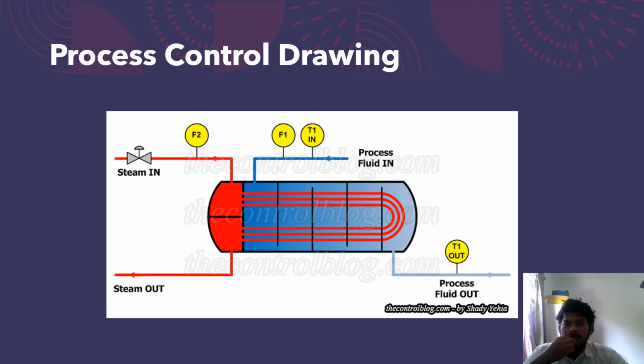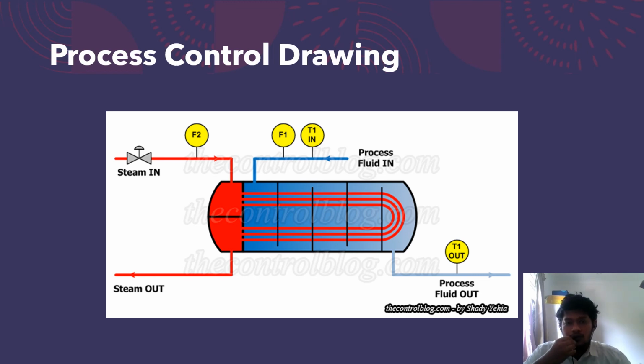So, okay, for this process control drawing, the steam in is the hot gas, and the process fluid in is liquid. This process is to boil the water, to make the water hot.